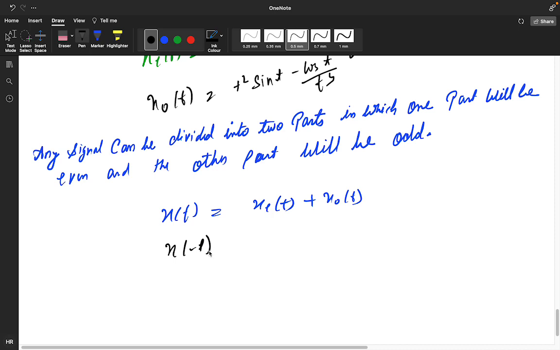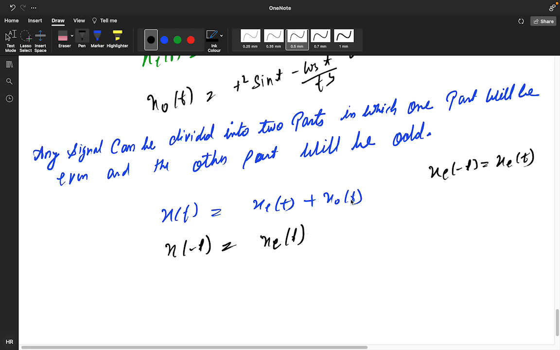x of minus t will be, if you substitute minus in the even function, it will remain x e of t, because x e of minus t will be equal to x e of t only.